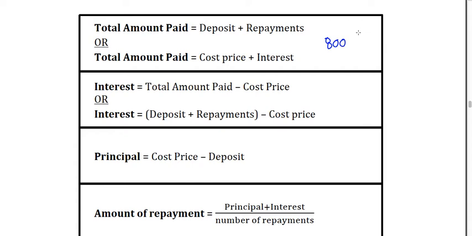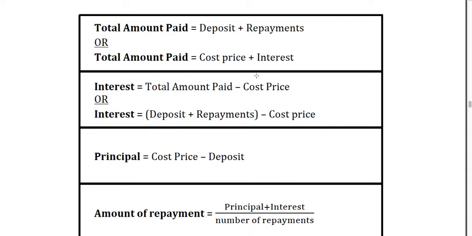And if you enter into a hire purchase agreement, you might have to pay, let's say, $300 interest. Therefore, the total amount paid would be $1,100. So that's just a couple of really brief examples of how I would calculate the total amount that you would pay in a hire purchase agreement.